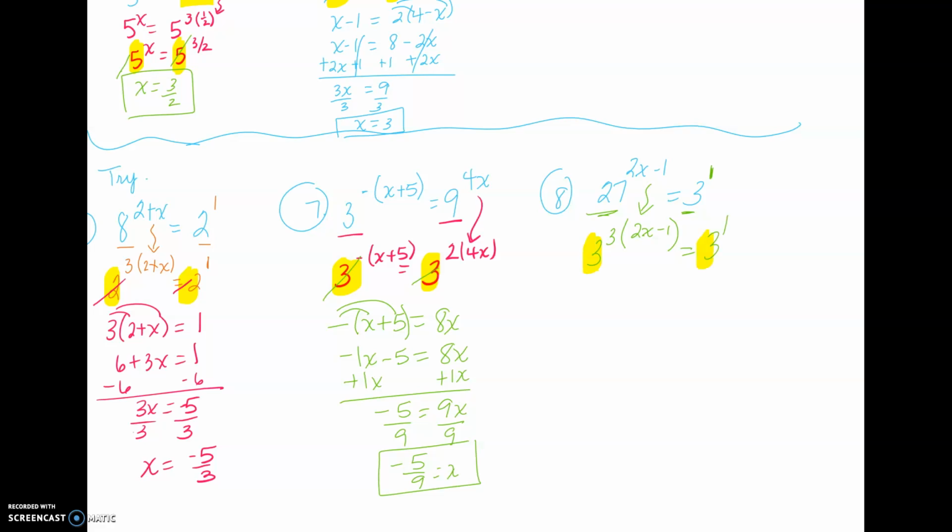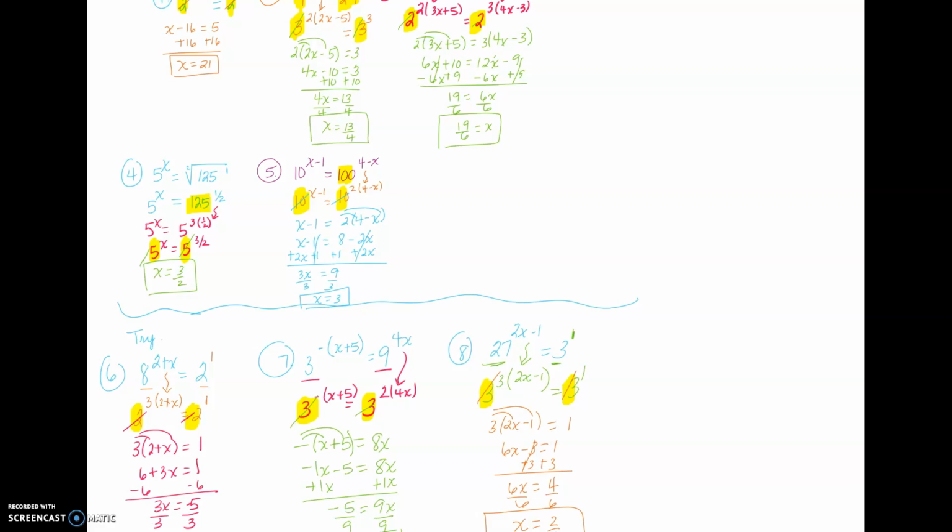Same base, same base. We get rid of our base, and we keep just our exponents. We share our 3 on the left. We get 6x minus 3 equals 1. We're going to add 3 to both sides. 6x equals 4. So we divide by 6. x equals 2/3.